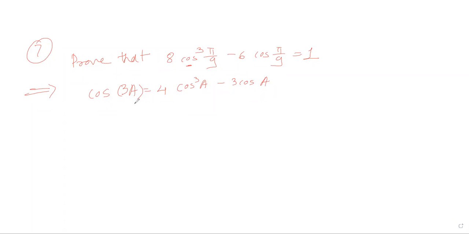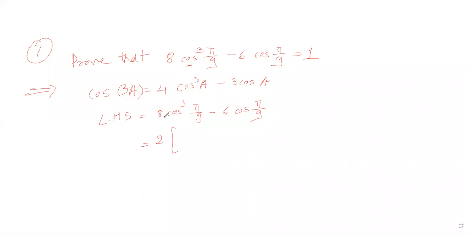Now, our left hand side is 8 cos cube pi by 9 minus 6 cos pi by 9. Here you have to take 2 common.